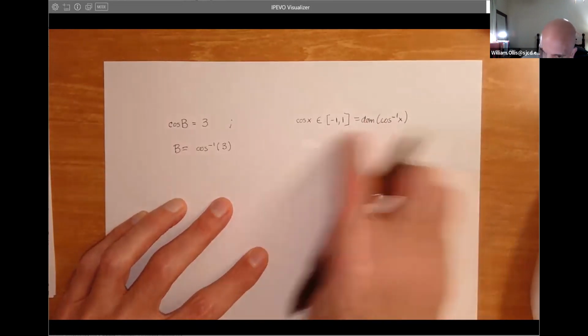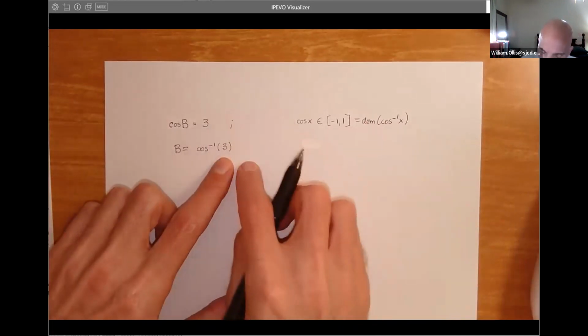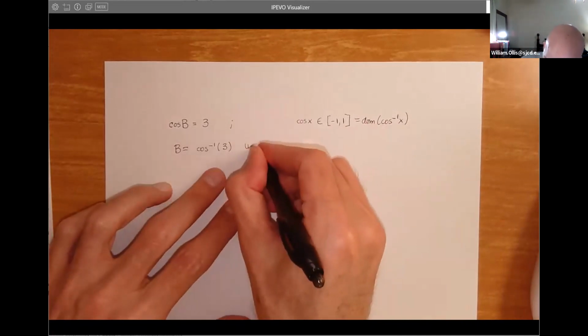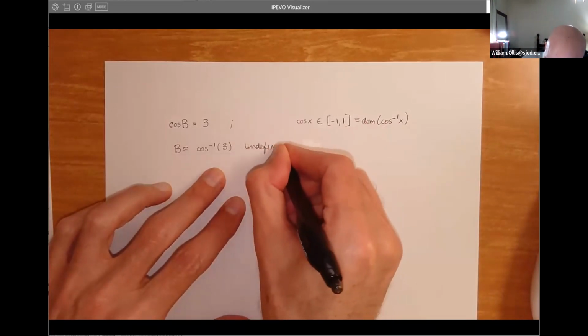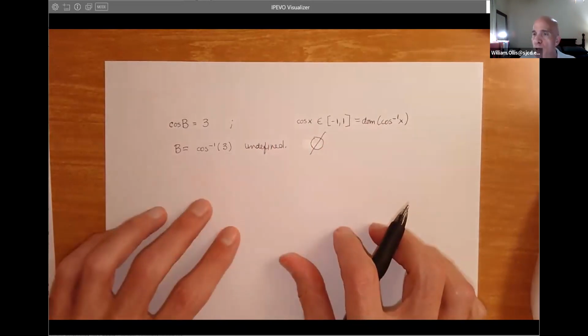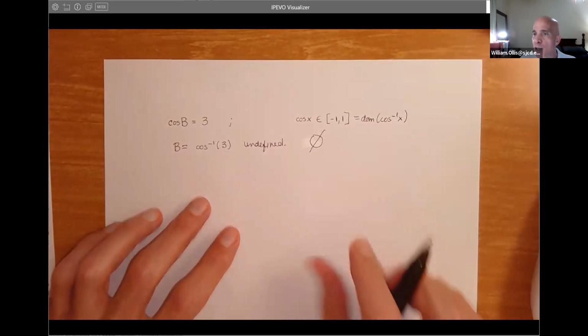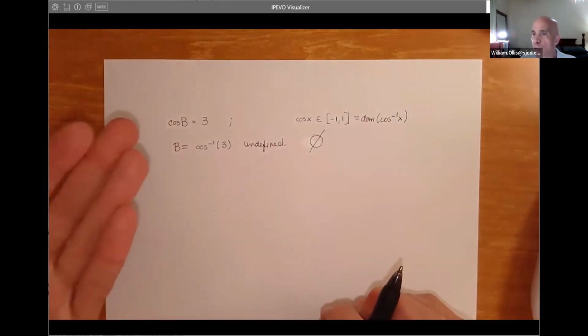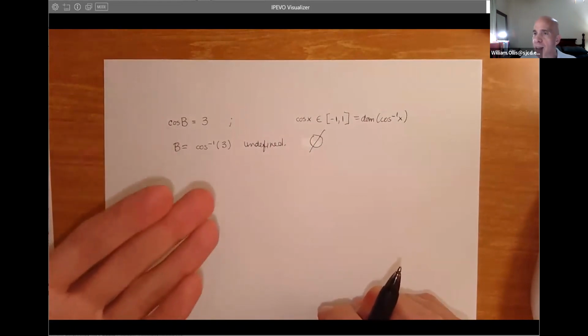I'm abusive with the letters here, but either way you go, you're going to get an error. So this is undefined, so we say no solution. If you're working with a triangle problem and you end up with an equation like this, then that's the case where there is no triangle. It doesn't make any sense.